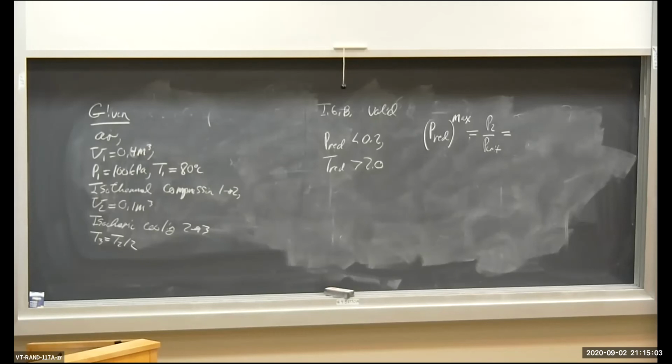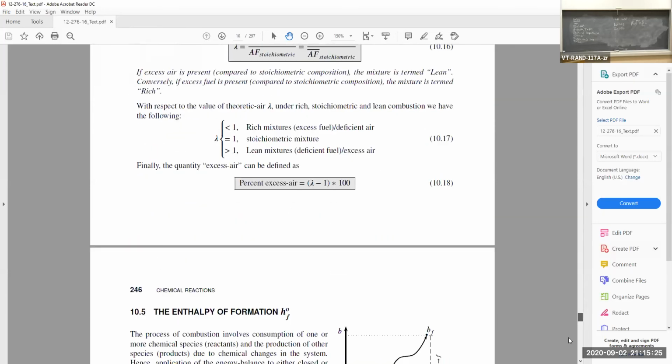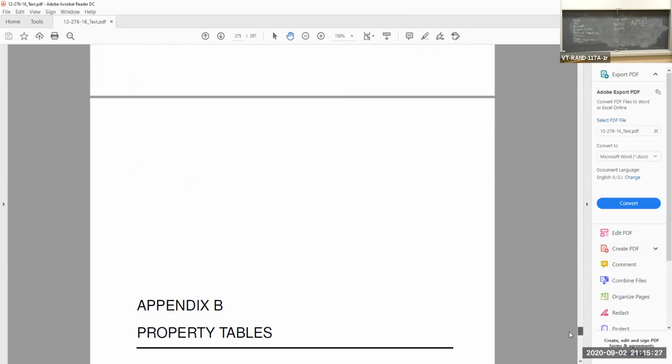We need the critical pressure. We got the pressure at state 2, but we don't have the critical pressure. So let's go to the text here and find the critical temperature and pressure for air. Table B1.